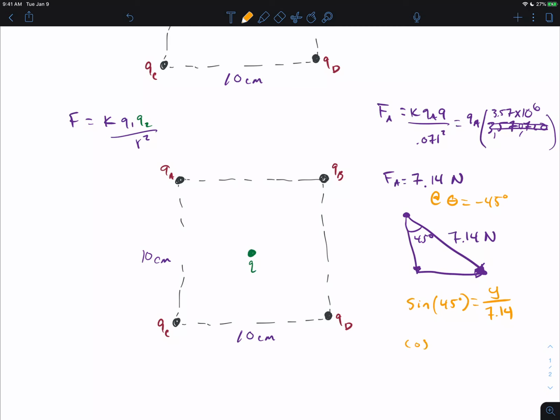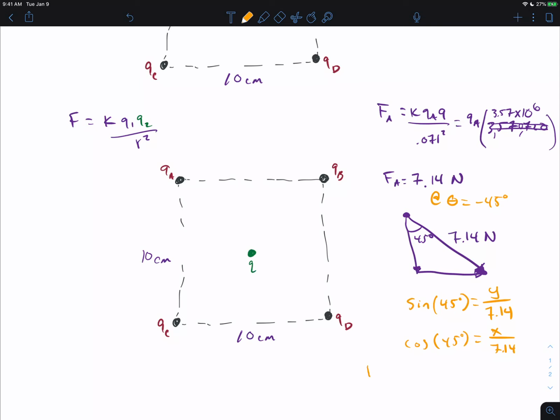And then cosine of 45 is equal to x over 7.14. But just so you know, sine 45 and cosine 45 are going to be the same, so both my x and y values should be the same thing. If we calculate this out, it should be about 5.05.